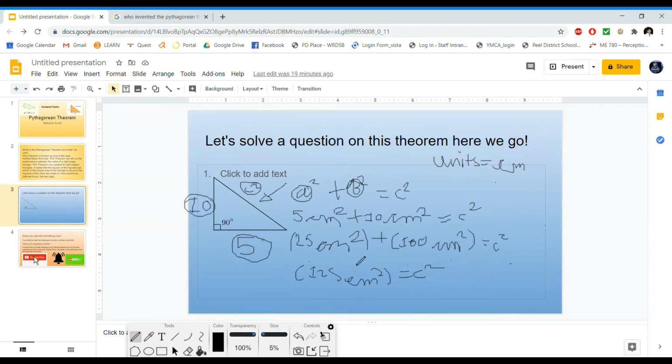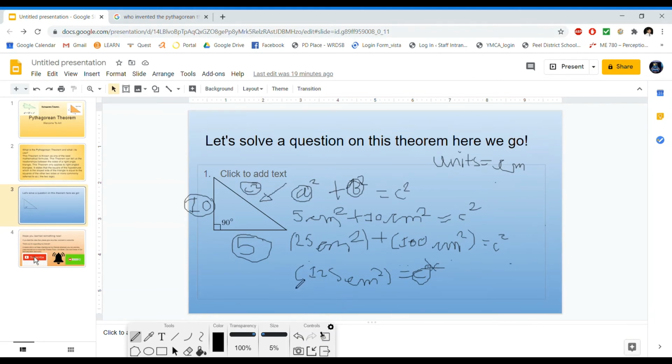Why we have to do the square root is because we don't want c squared, we want c, which is a side. We don't want a squared side.